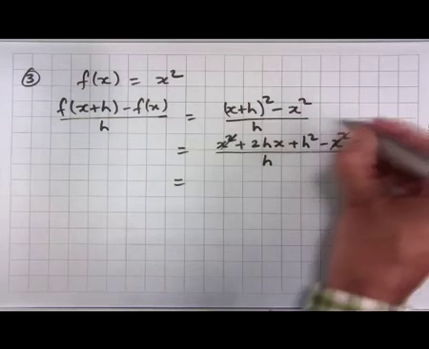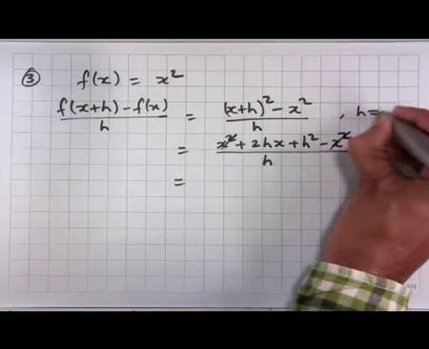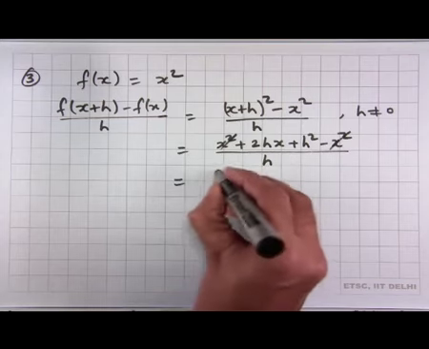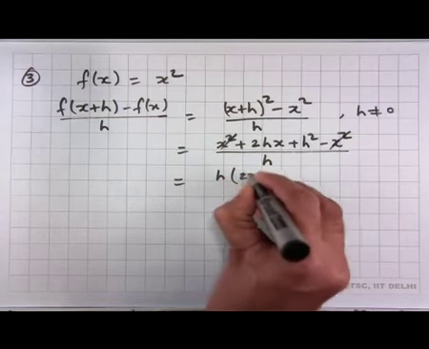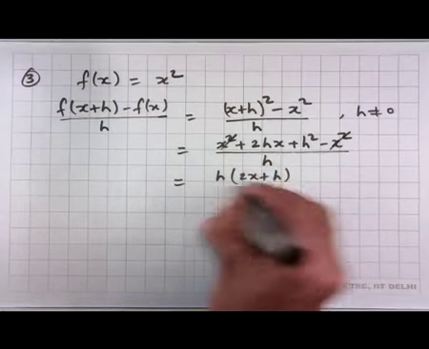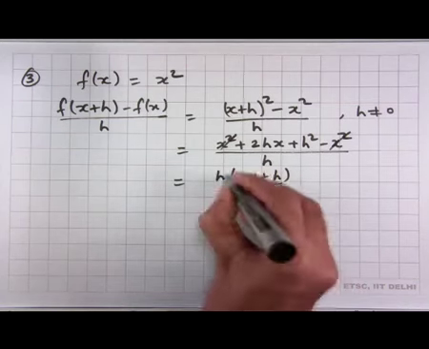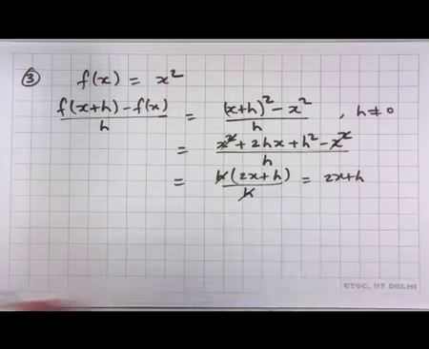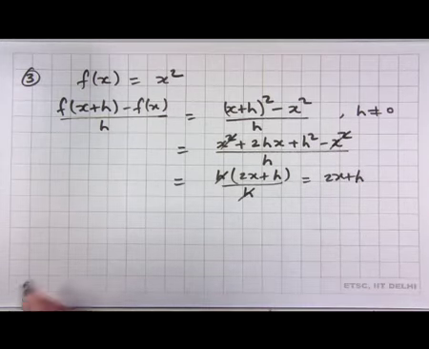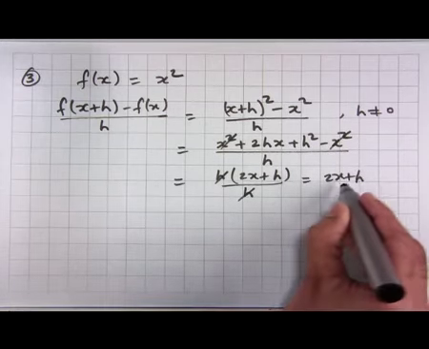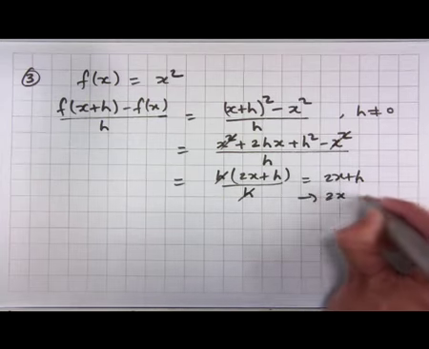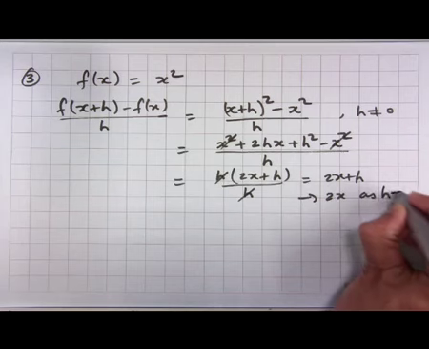So, this we are writing always for h not equal to 0, and this is equal to h times 2x plus h by h. So, this is equal to 2x plus h. Now, we see that this goes to 2x as h goes to 0.